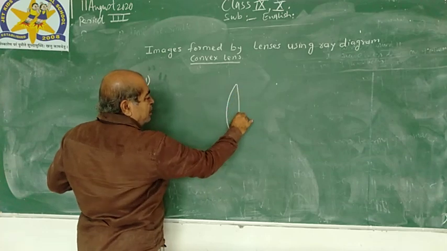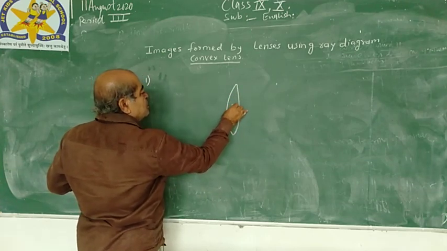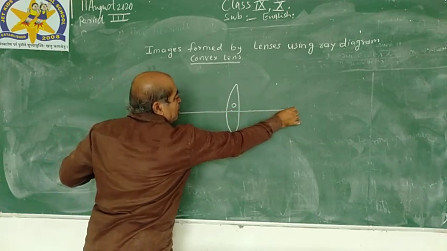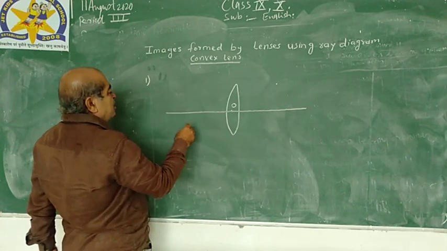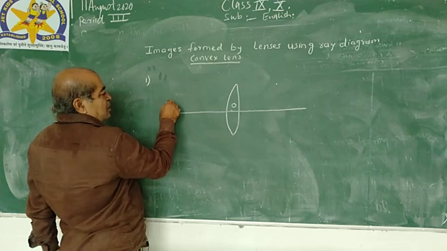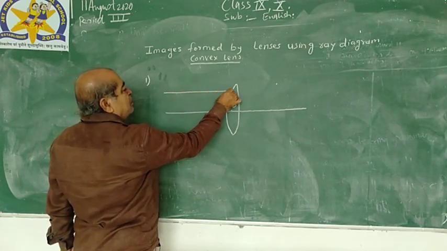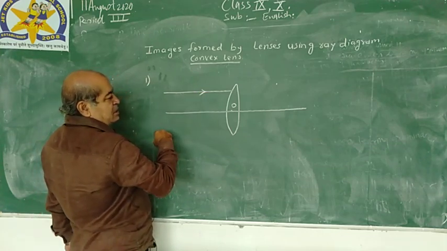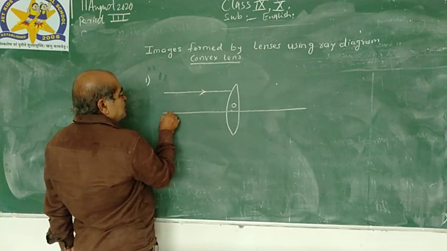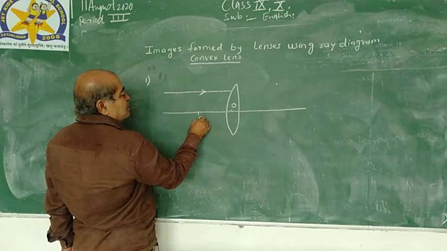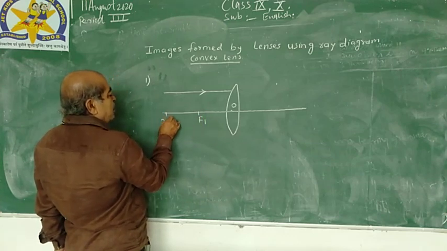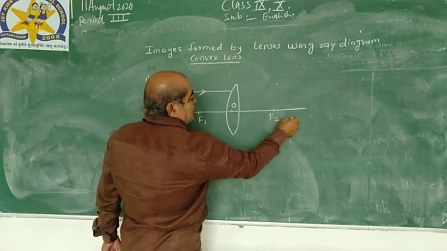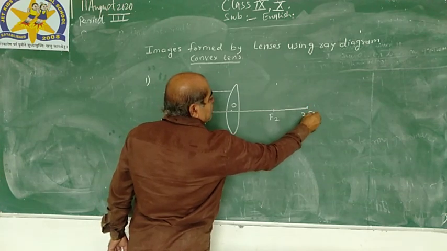this is then the lens, O is the optic center, this is then the principal axis, and the first rule is, when a ray of the light parallel to the principal axis is incident on the convex lens.